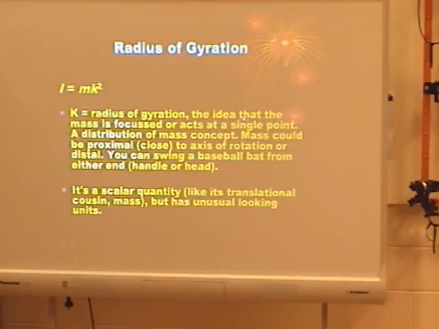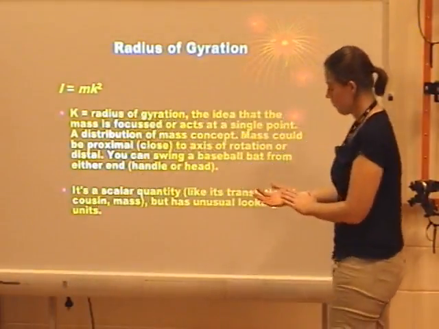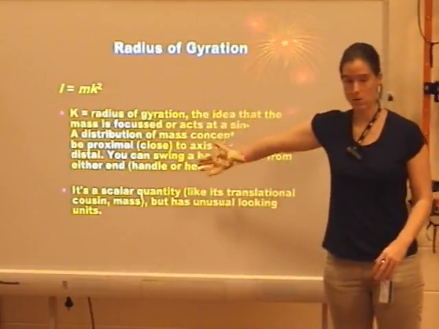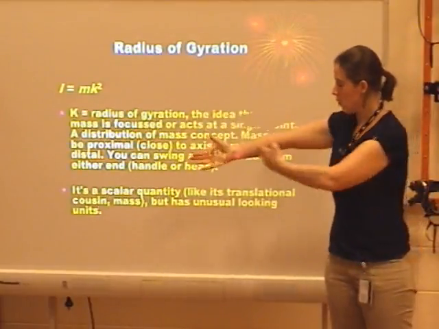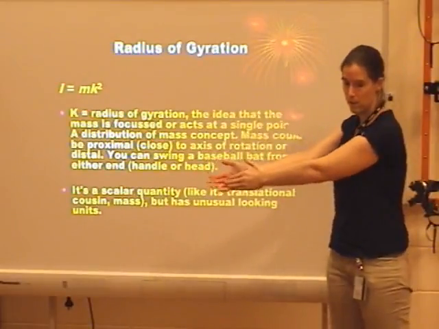He's talking about having mass proximal, close to the axis of rotation, or distal. Let's say you were going to throw a shot put or a discus. If you have your arm extended all the way out, you get the whole length. That is called distal because it's further away from my center line.